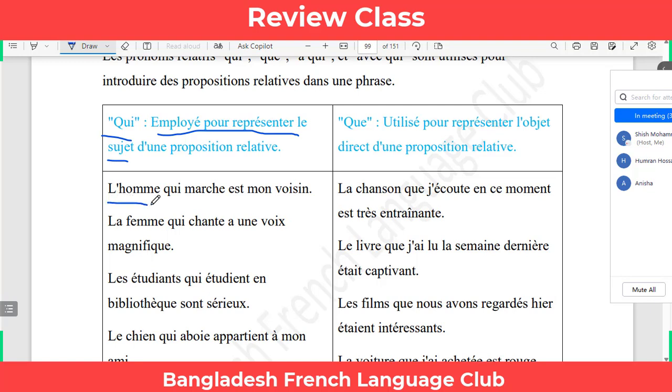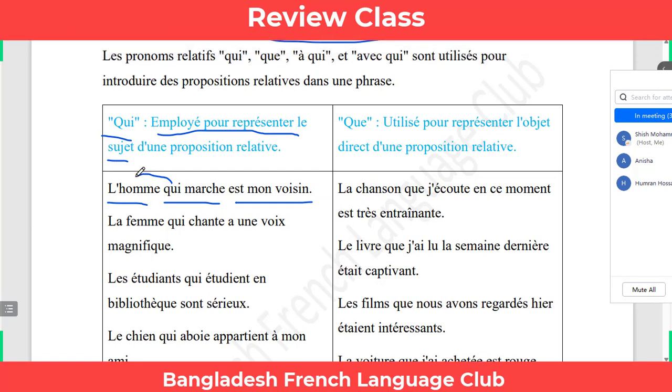So, l'homme qui marche est mon voisin, right? So, just by using this qui it is indicating what? Which person? The subject of this sentence, right? L'homme. So l'homme, the man who marches, who is walking or who walks is my neighbor, right? Et mon voisin. Okay.